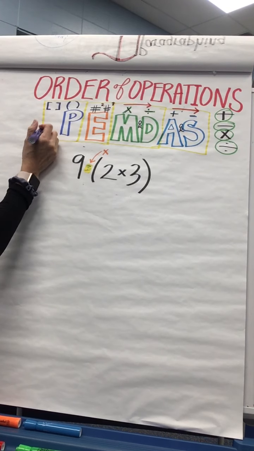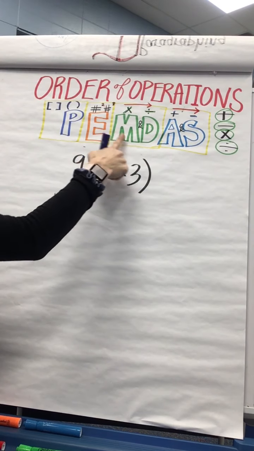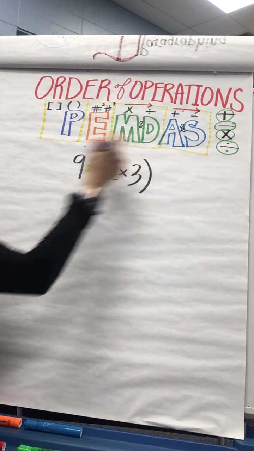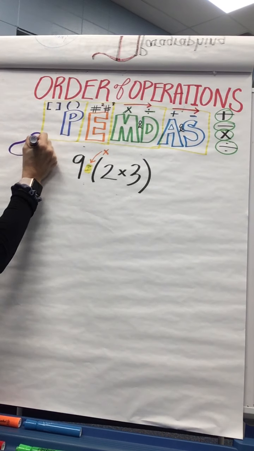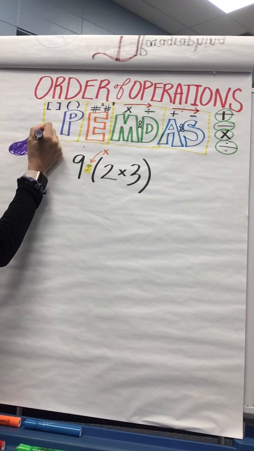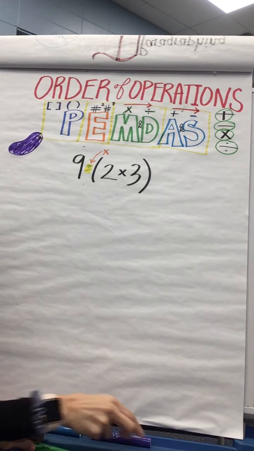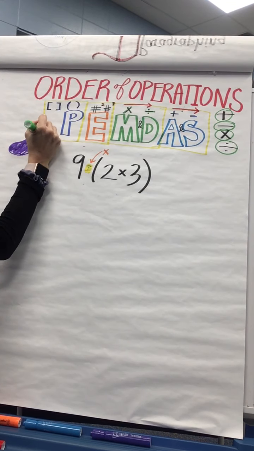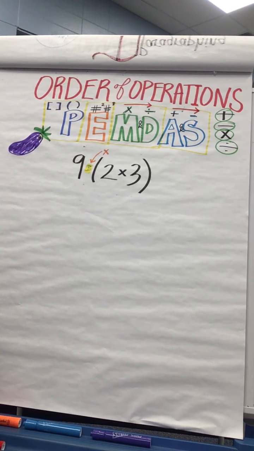One was purple eggplants make delicious afternoon snacks, which kind of made me laugh because I've never heard of anyone eating a purple eggplant as an afternoon snack. Okay, but I thought that was a funny one. Just to remember the order of operations. Another one, what was it?